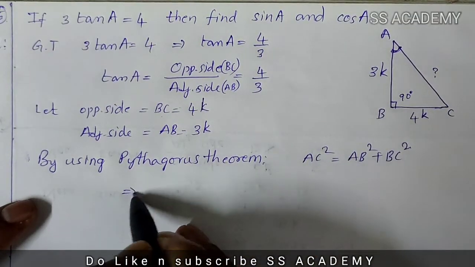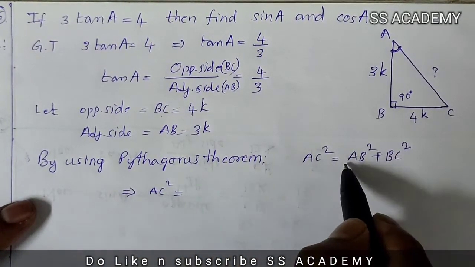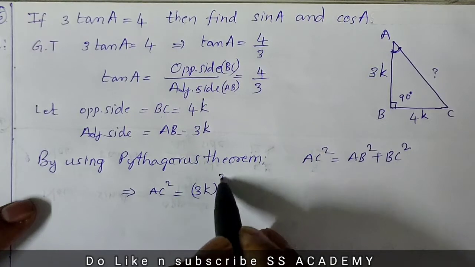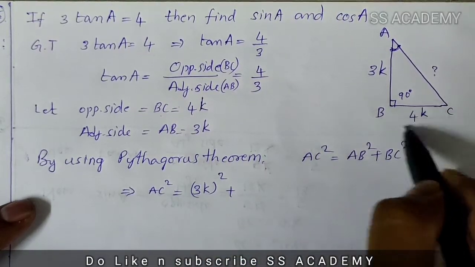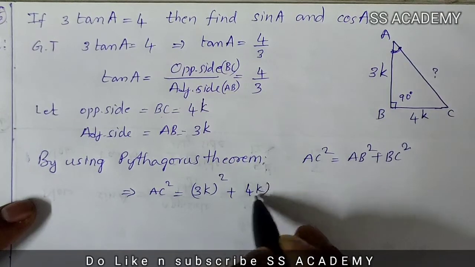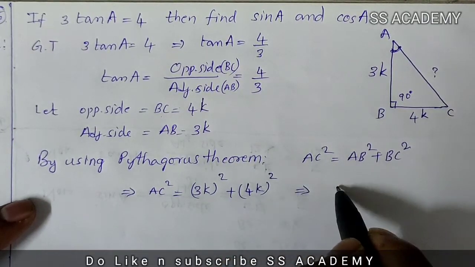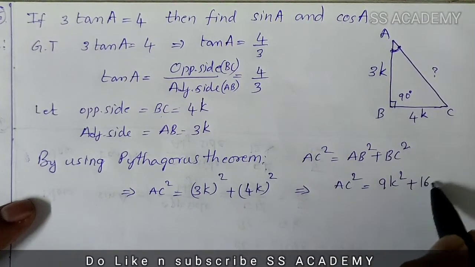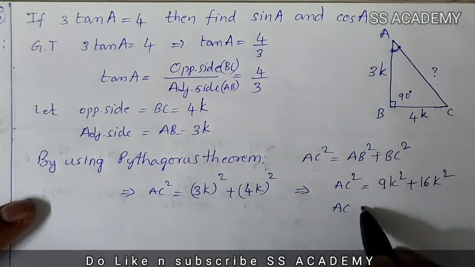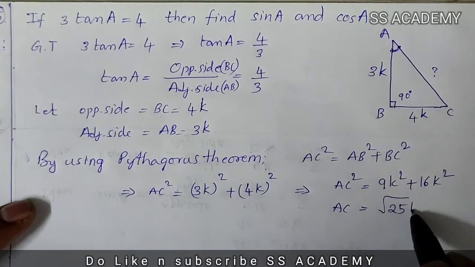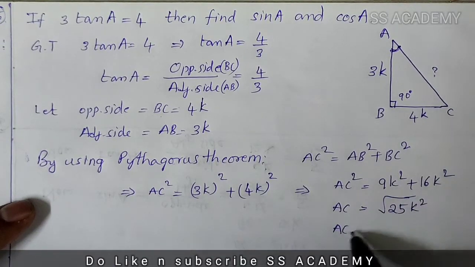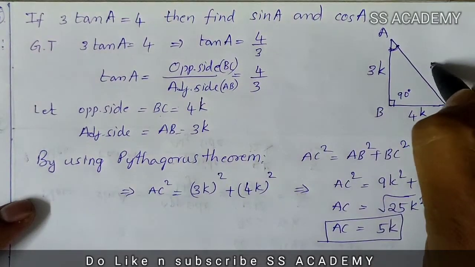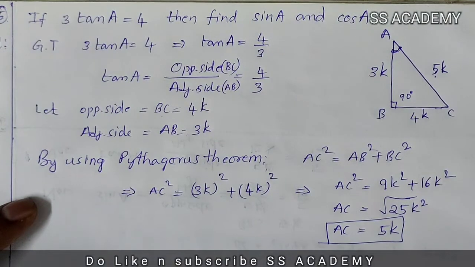So AC square equals 3K whole square plus 4K whole square, that implies AC square equals 9K square plus 16K square. AC equals the square root of 25K square. Therefore AC equals 5K.